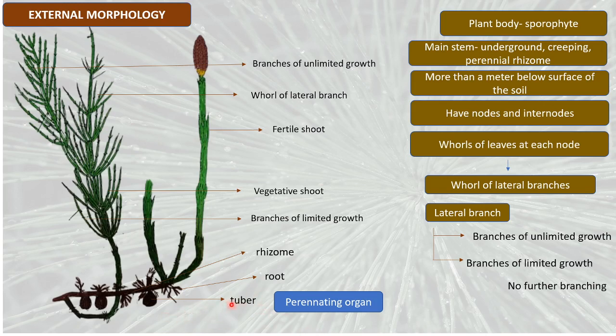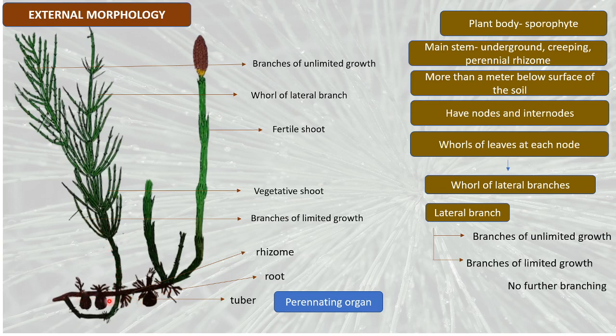So these tubers are organs that can survive unfavorable conditions, and later on, when favorable conditions are available, they will germinate into a new plant, right? Therefore this is a perennating organ which can germinate on the return of favorable conditions, and it is formed from the node of the rhizome. Even the aerial shoots are formed from the node of the rhizome, right?